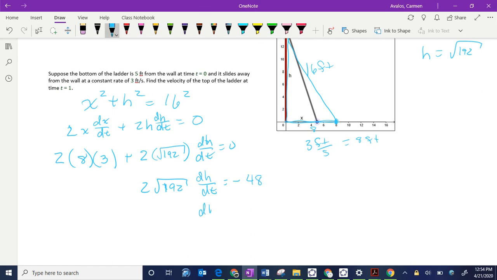And so when I put this into my calculator and divide negative 48 by that, I'm going to get approximately negative 1.73 feet per second. Now, all of these require word sentences, so you would say it is falling at negative 1.73 feet per second. That makes sense because the ladder is going down. And so that pretty much does it all. Okay, very good.